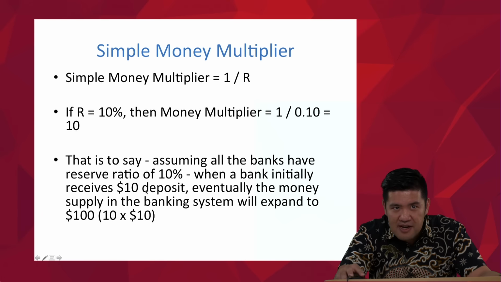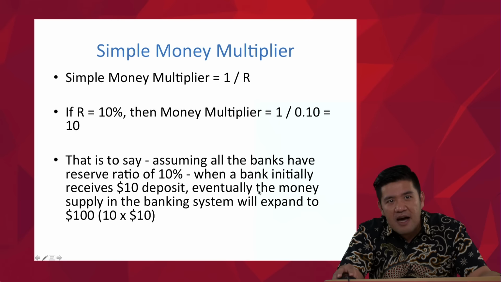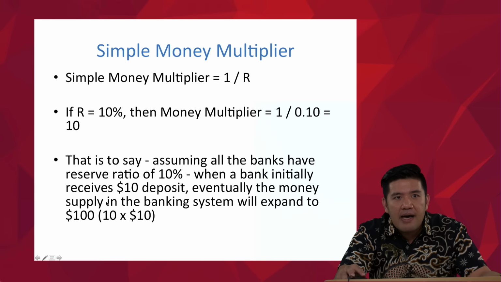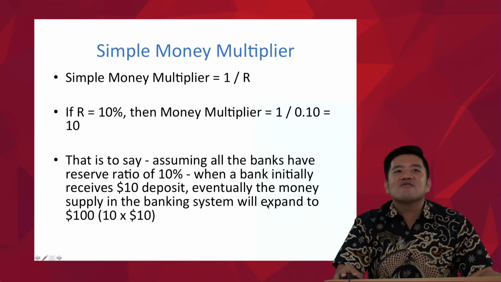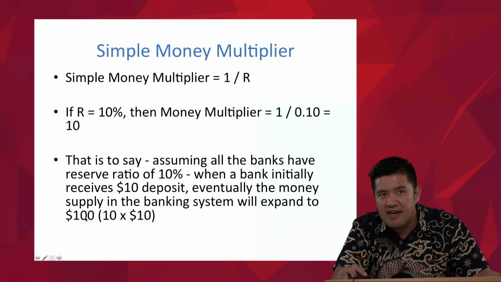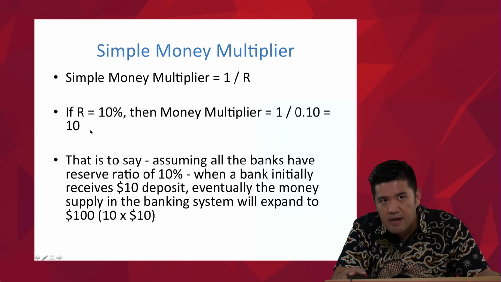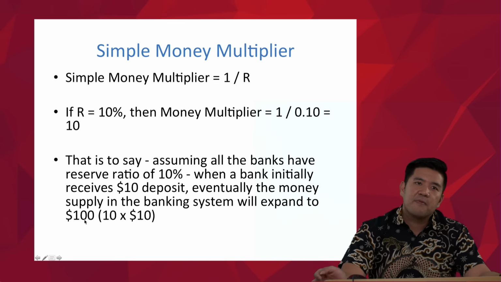When a bank initially receives 10, eventually through the money multiplier process, the money supply in the banking system will expand from 10 to 100. How did I get 100? Okay. If R is equal to 10%, what is the money multiplier effect? That will be equal to 10. All right. So if you do 10 times the initial deposit of $10, then you get your $100.